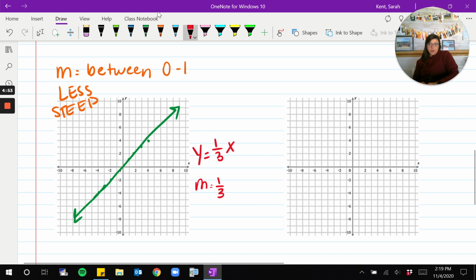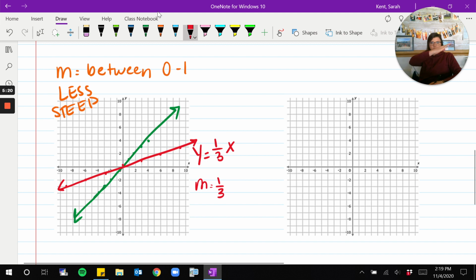So if I look, we would end up with something like this. So you can see it's gone from our original position, and now it's less steep.